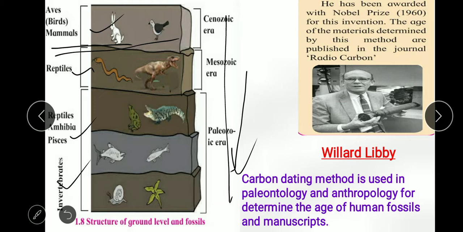The ages of materials determined by this method are published in the journal named Radiocarbon. The carbon dating method, discovered by Willard Libby, is used in paleontology and anthropology for determining the age of human fossils and manuscripts.